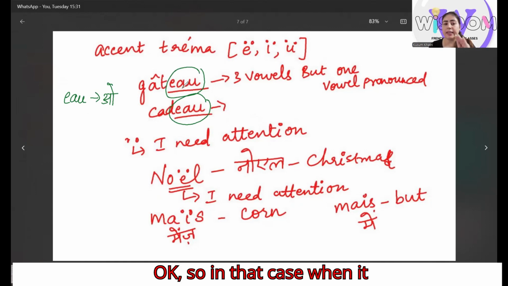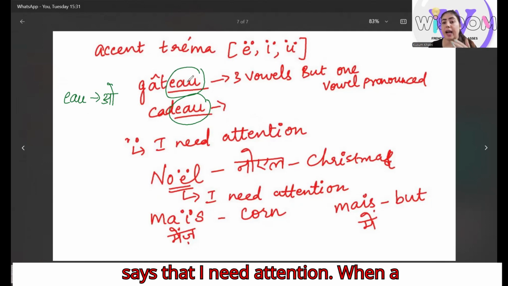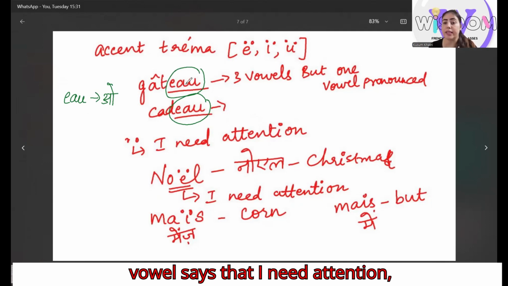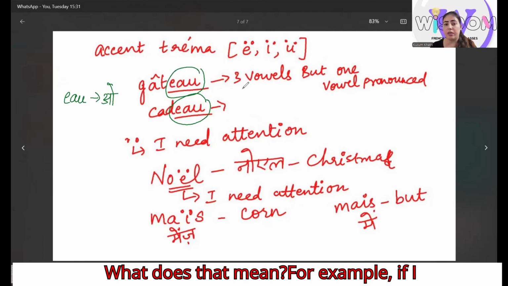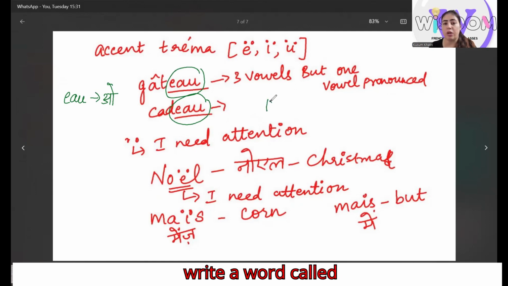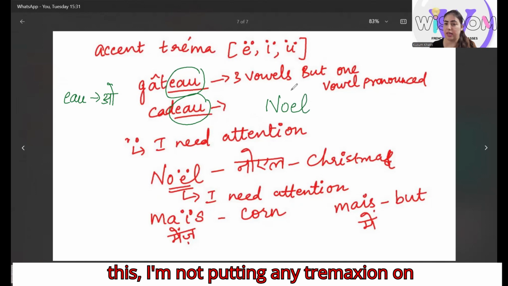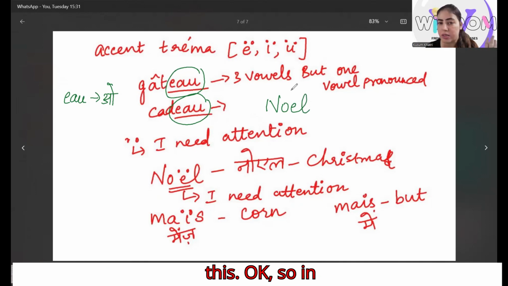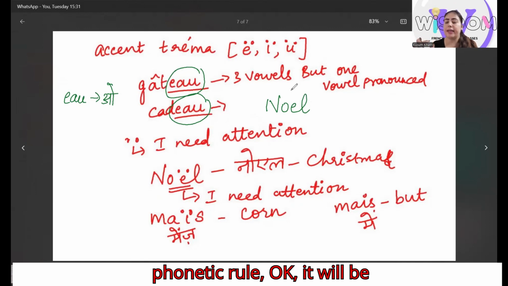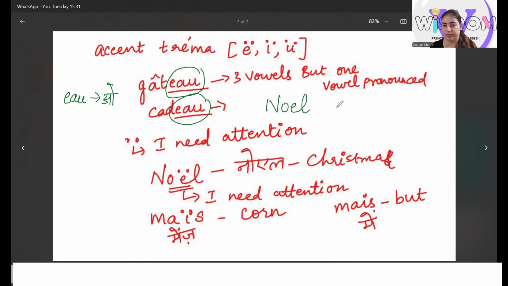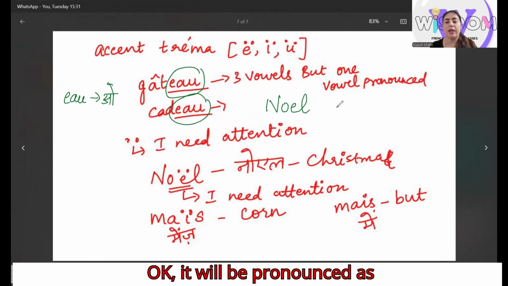So in that case, when a vowel says that I need attention, that vowel takes the Tréma accent. What does that mean? For example, if I write a word like this, without putting any Tréma on it, according to the French phonetic rule, it will be pronounced as null.